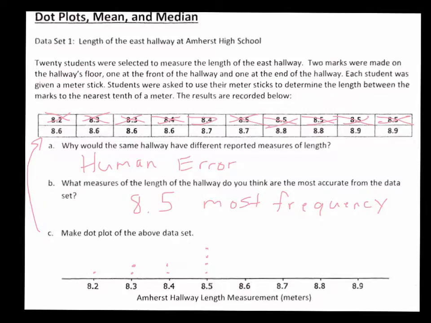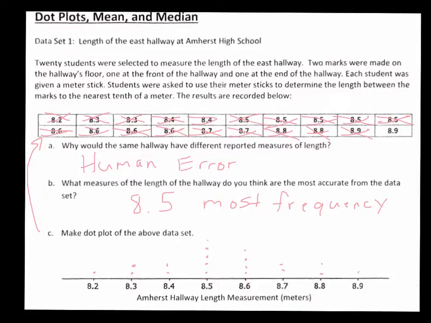All right, so 8.5s, we got our 8.6s, and as you get towards the end of your data, you're going to start noticing some patterns, and we can make conclusions based on those patterns. All right, so we're almost done.